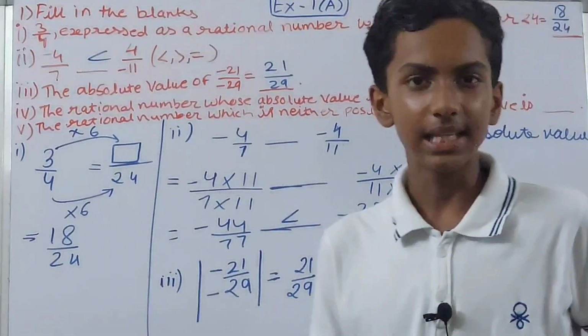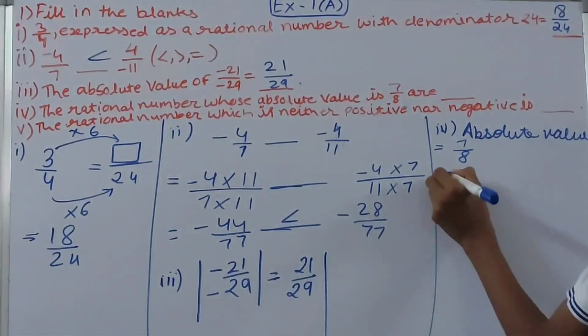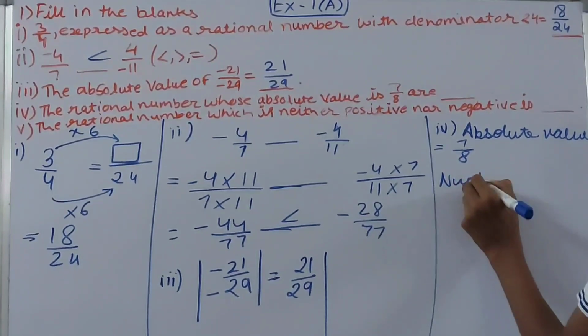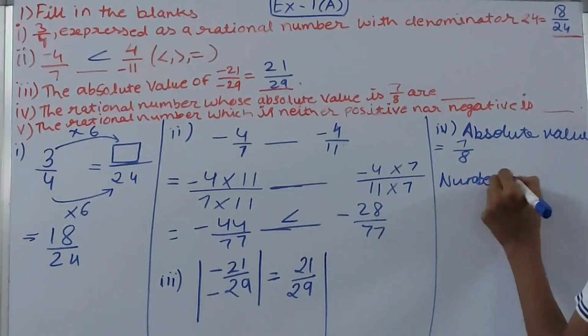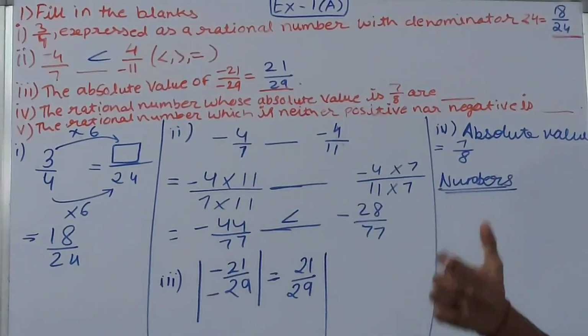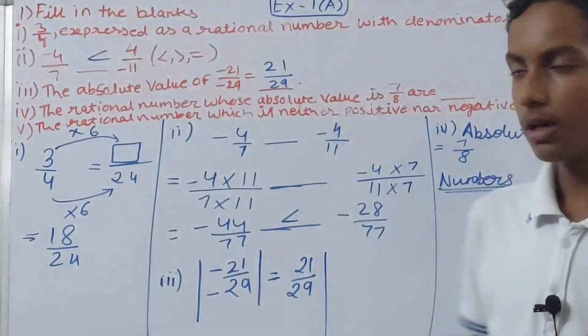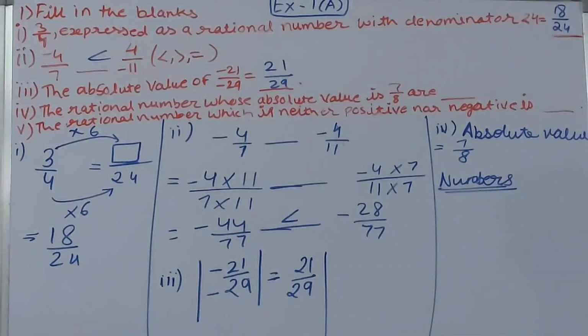Now remember one thing. What numbers can have this absolute value? This is the question, right? So very simple, remember one thing. We put this number 7 by 8 without the signs.